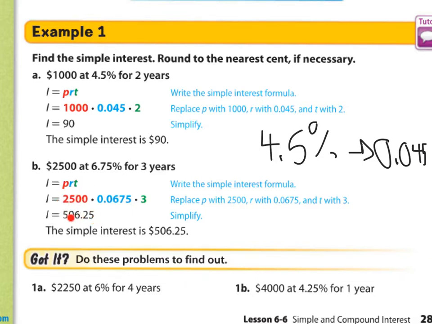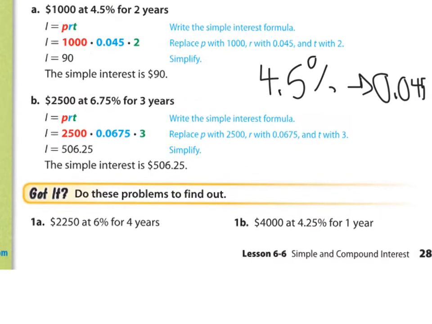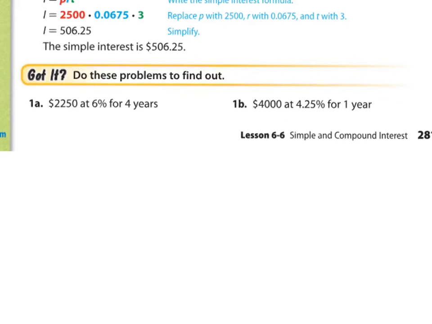So it would bring it up to $3,006.25. And there it is. Now that's just assuming that these amounts of money are what you deposit in your bank account. If you borrow these amounts of money at these rates, that's actually how much money you would owe the bank on top of the money you originally borrowed. So that's why they say invest it or borrow.